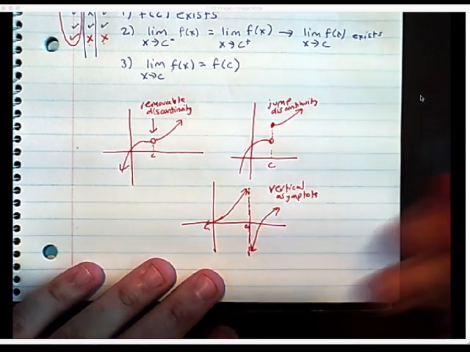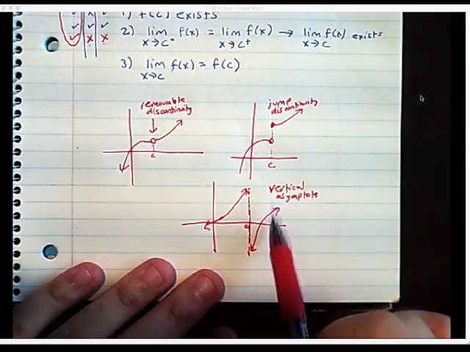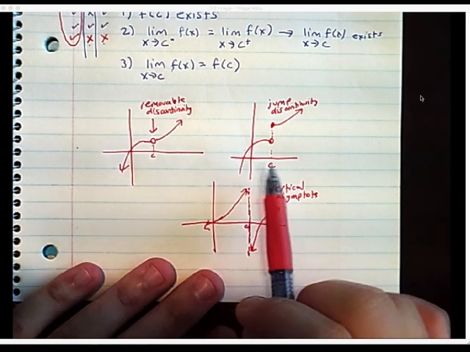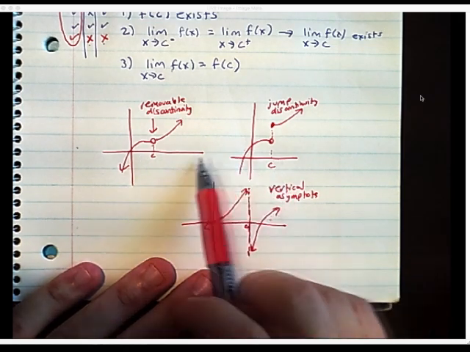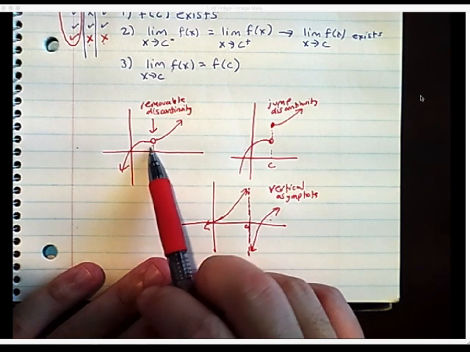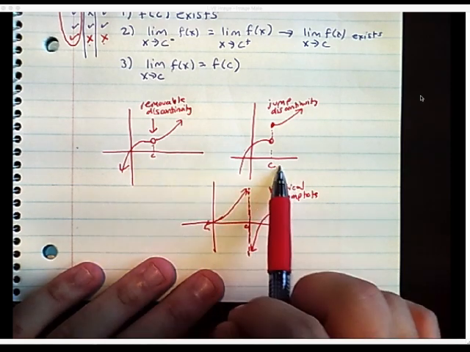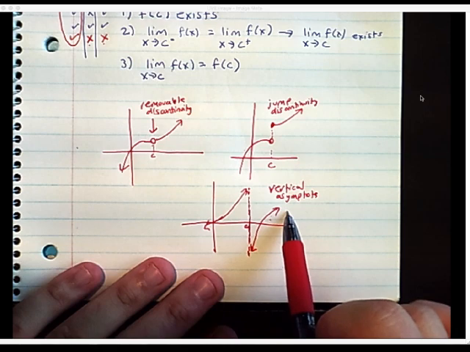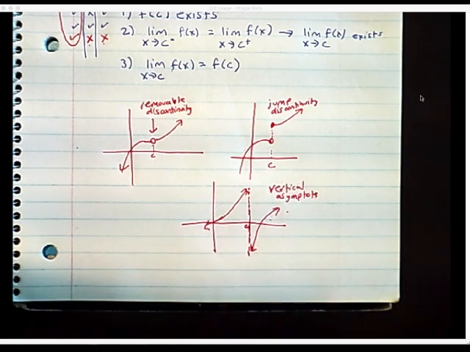In a graph, if you have any one of these three types of discontinuities, it's not continuous at that value. Or you could have a graph with several holes. They're not continuous at these values where these three things happen. So those are the most common types of discontinuities.